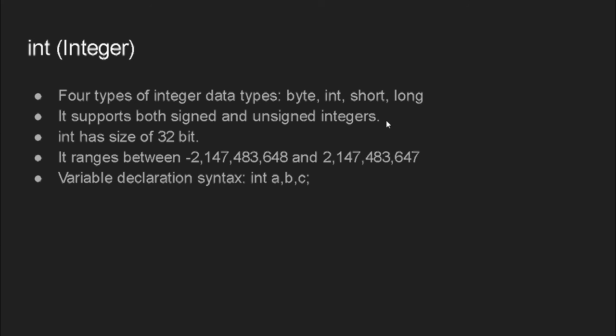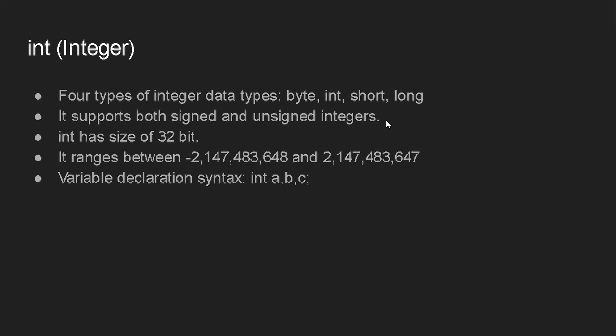Unlike C or C++, where we have a separate keyword for signed and a separate keyword for unsigned. Even in the last tutorial, if you noticed carefully, there was no keyword named signed and no keyword named unsigned.